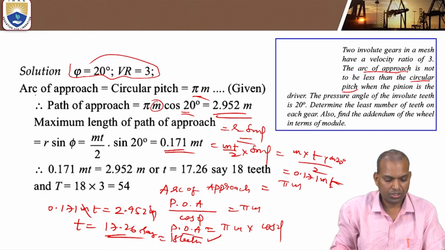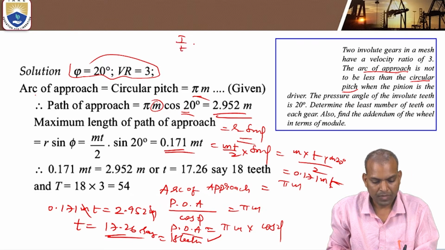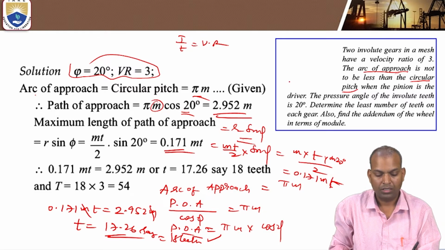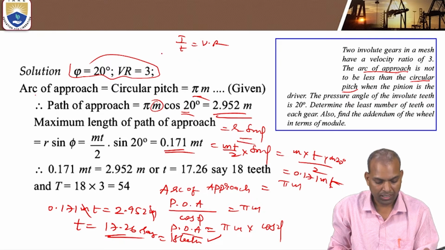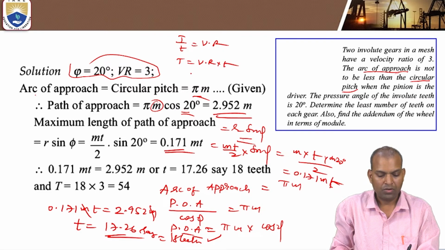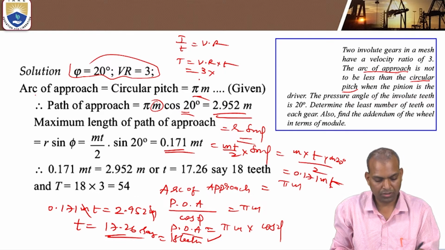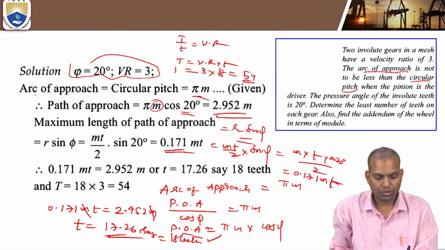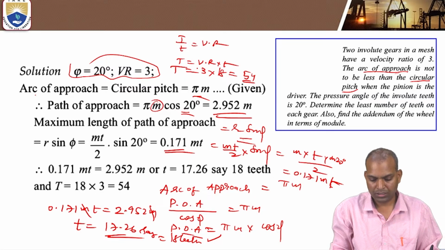Now we know the velocity ratio, that is capital T by small t. That means capital T equal to VR times small t. What is the velocity ratio? 3 times small t. Just now 18. 18 times 3 is 54. So capital T is 54. That is the least number of teeth on each gear.